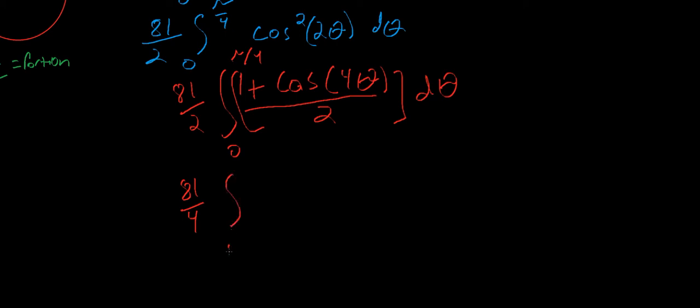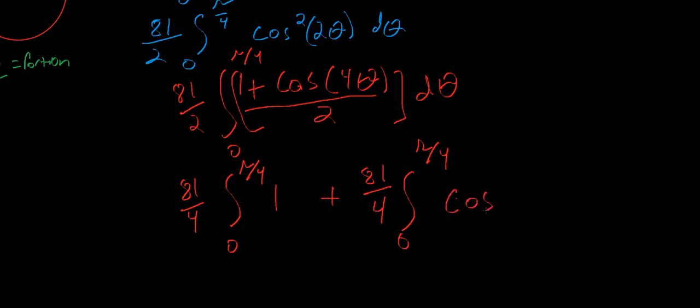So I have 81/4, 0 to pi over 4, 1, plus 81/4, 0 to pi over 4, cosine 4 theta. Remember the 81/4 is distributed times the whole thing. And this is a d theta there and a d theta there.